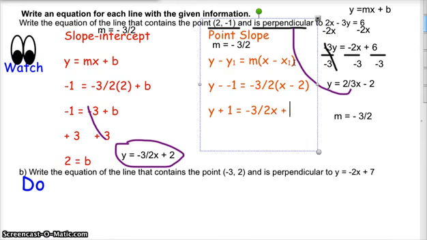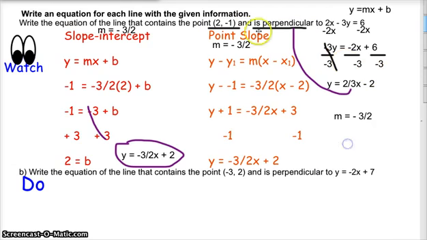That's going to give me a positive 3. Last step is to get the y by itself. If I subtract the 1 from both sides, y equals negative 3 halves x plus 2. Same problem, two methods, same answer.